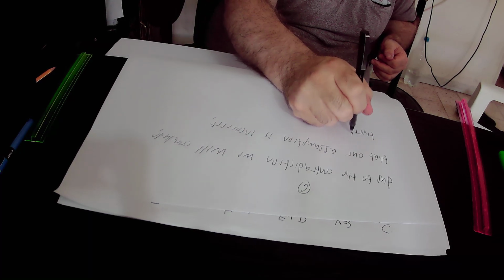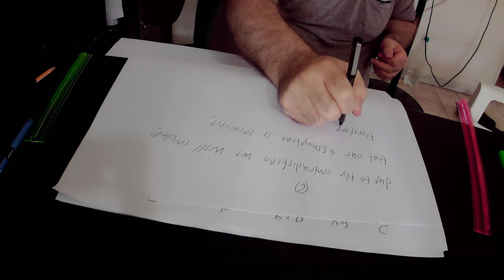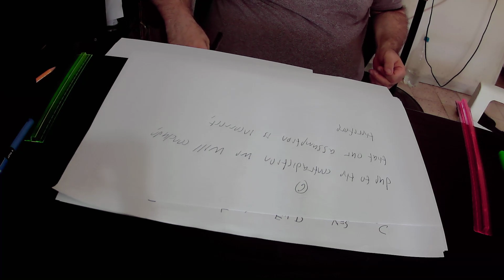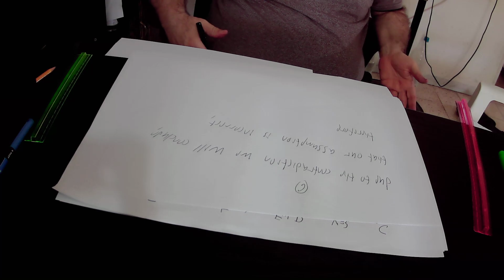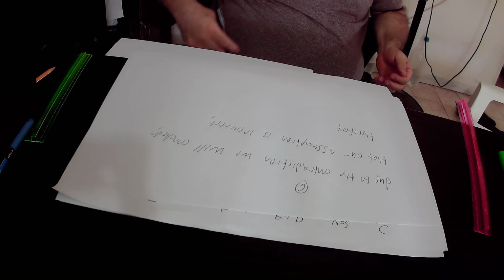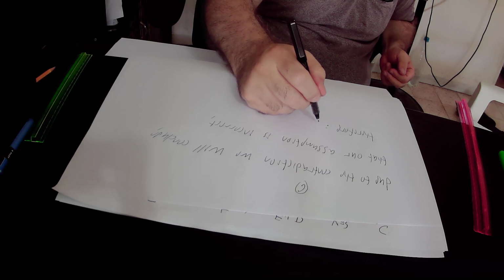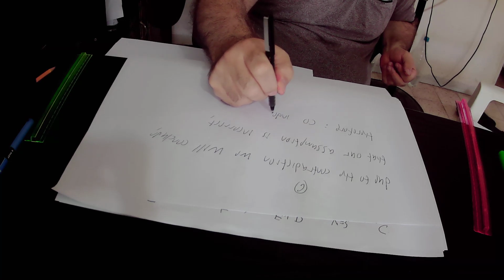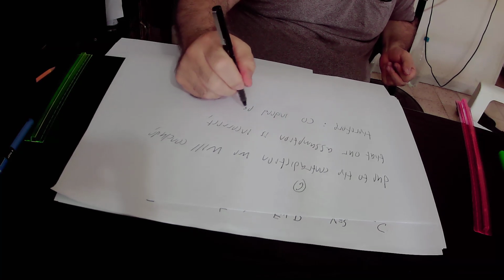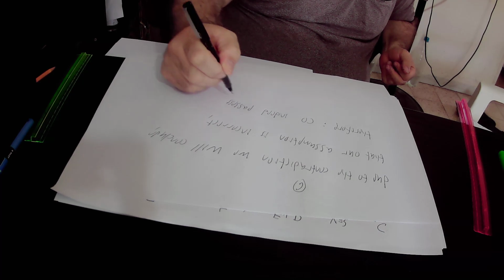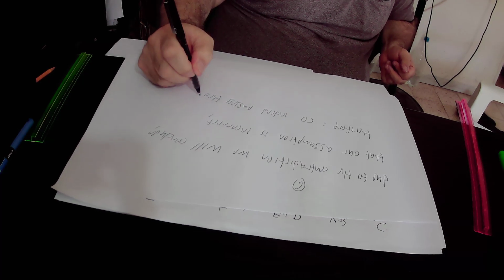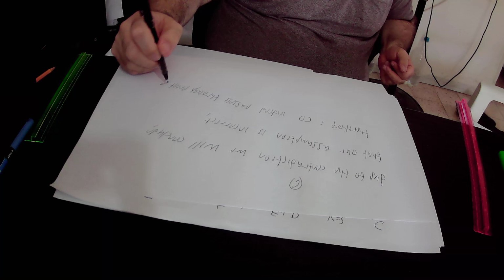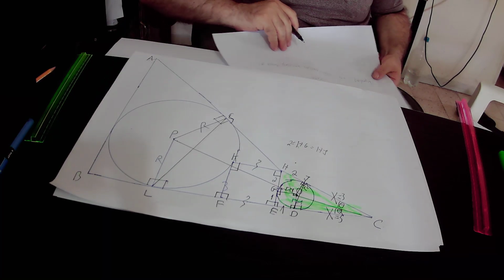Therefore, if our assumption is incorrect, the opposite will be correct. That is to say, CO indeed passes through point P. Okay, we finished the proof.